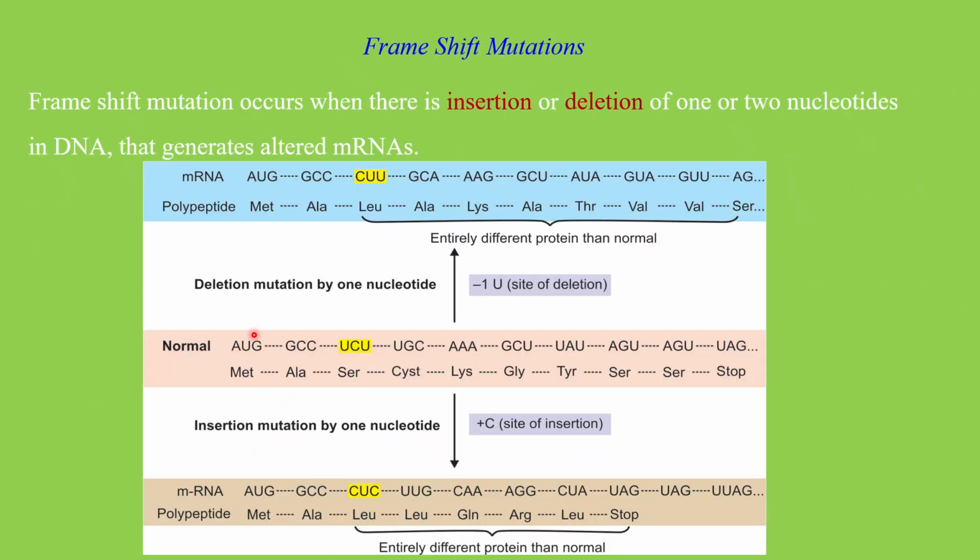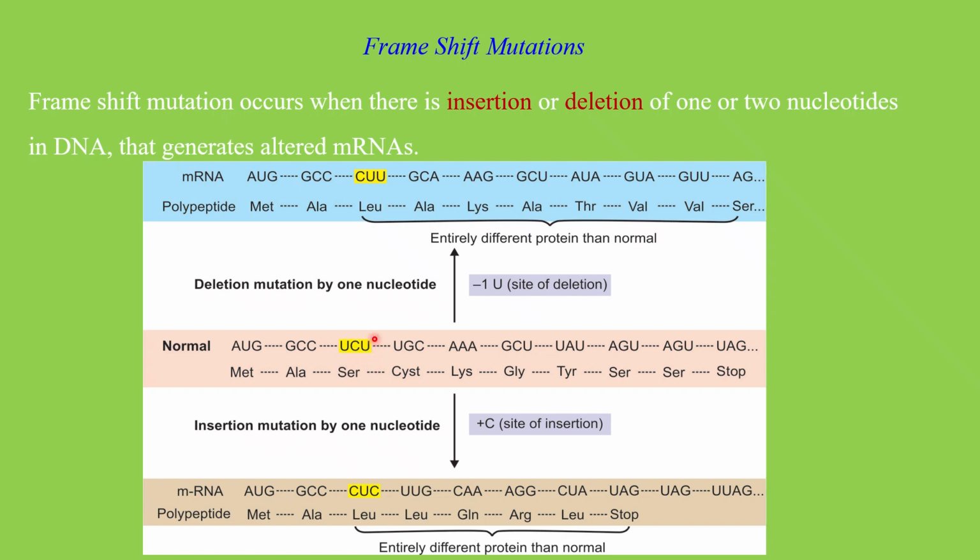Now the frame shift mutation. This occurs if there is an insertion or deletion of one or two nucleotides in the DNA, and that leads to an altered messenger RNA. So this is the normal messenger RNA, and these are the codon sequences.